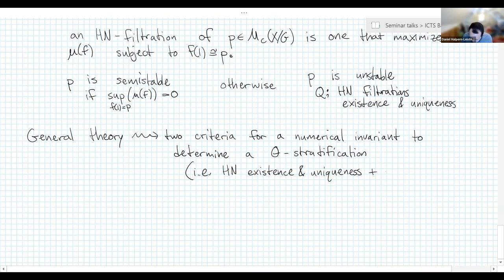So plus this is, these stratify the stack.